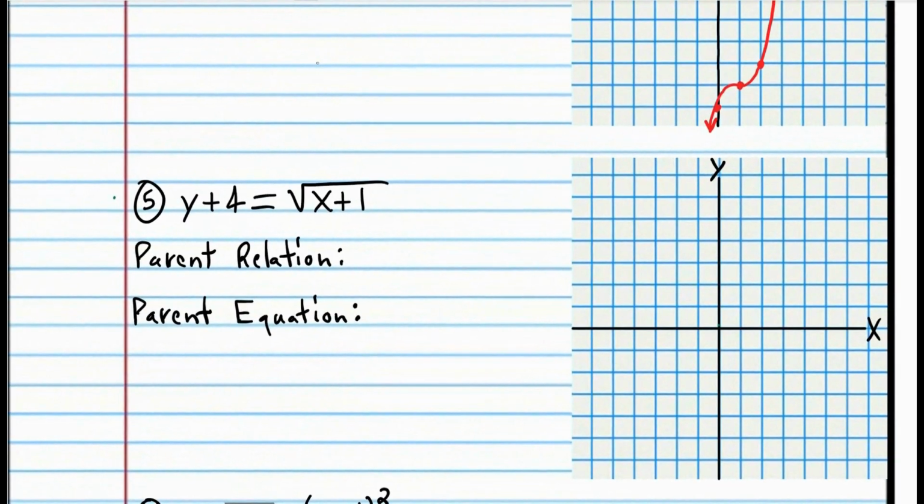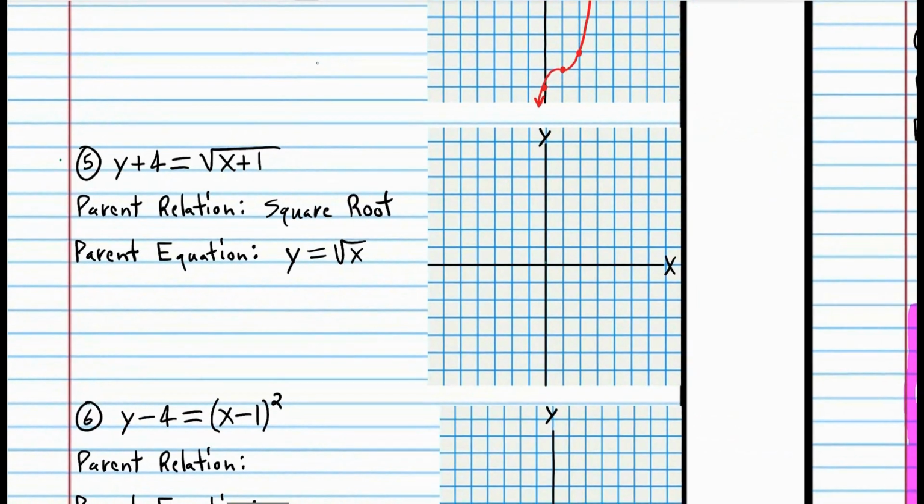Alright, we're back. So the parent relation is obviously the square root relation. The parent equation is y is equal to square root x. And we can use a reference point. So 0, 0 is on the parent graph. And we're going to add 1 to x, so that means we're going to move to the left 1. And we add 4 to y, so we're going to move down 1, 2, 3, 4.